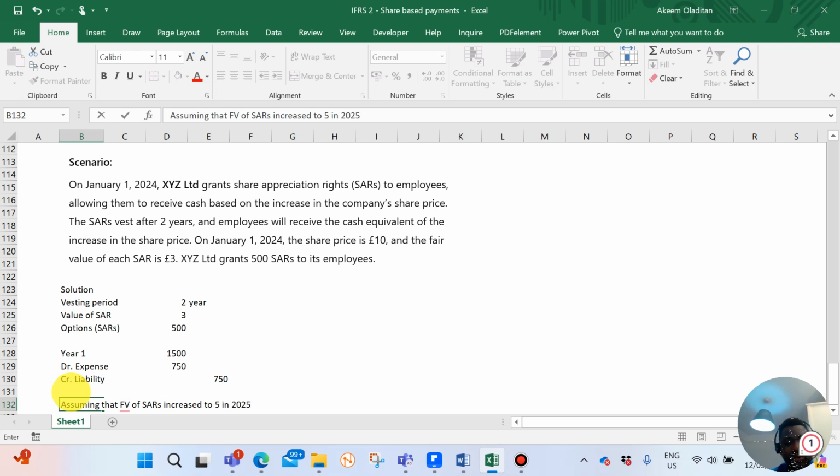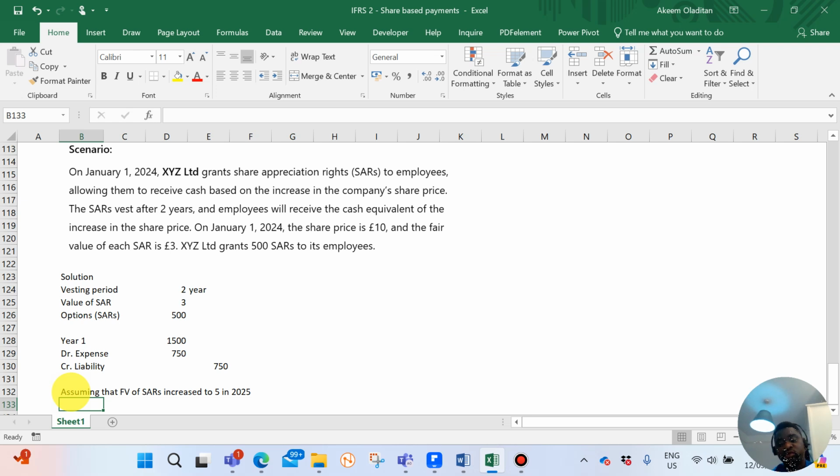This is 2024. So before the end of the 2 years, let's say the fair value of the SAR increased to £5.